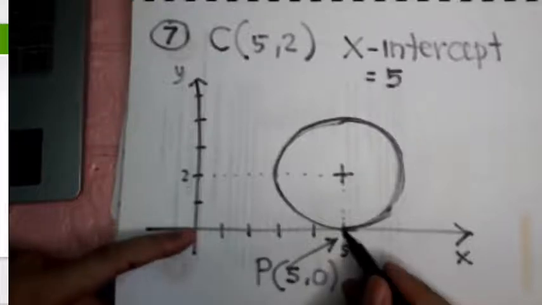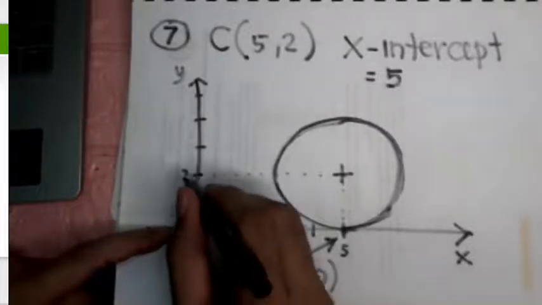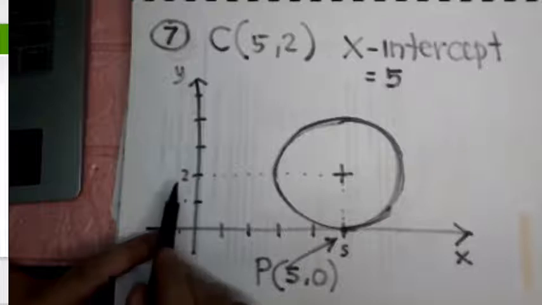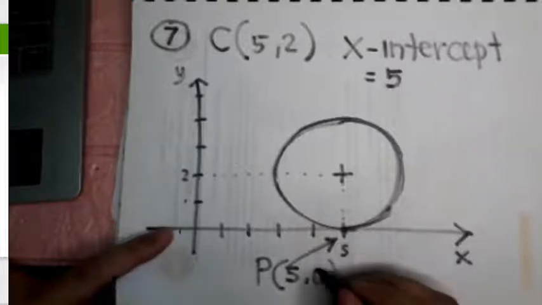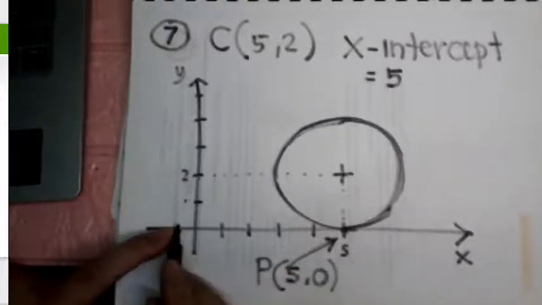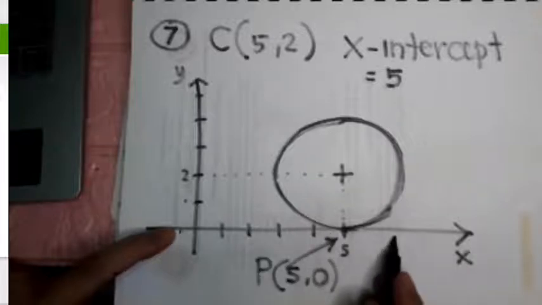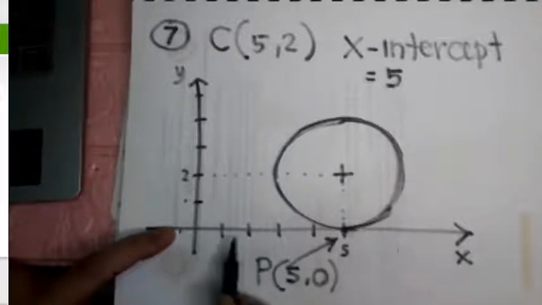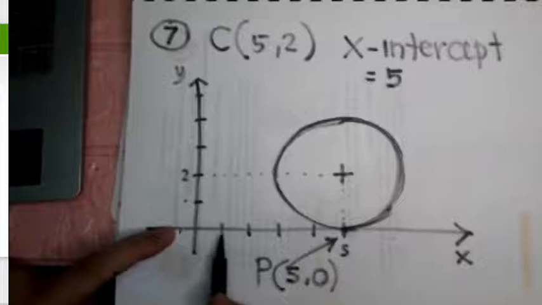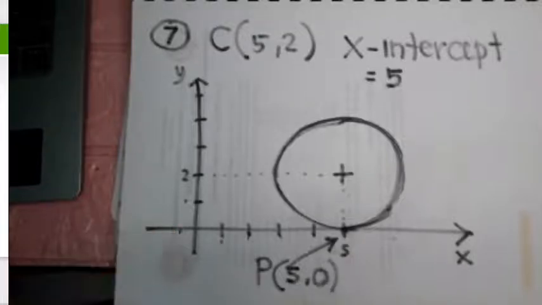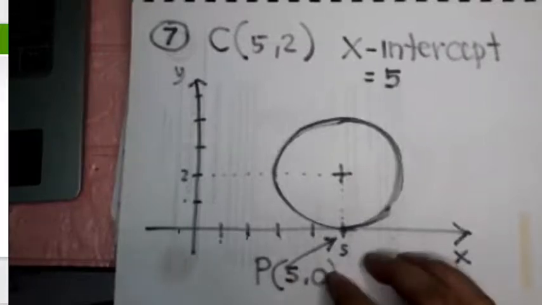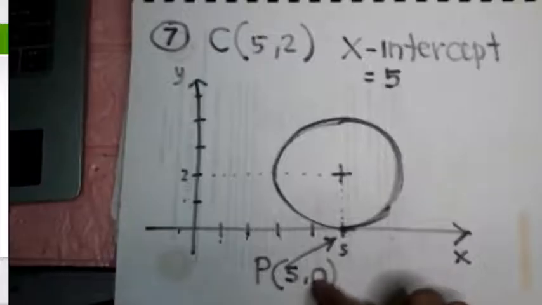5 and 0, because y is equal to 0 on the ground, and x is 5: 1, 2, 3, 4, 5. What is the distance from the center to the point P?